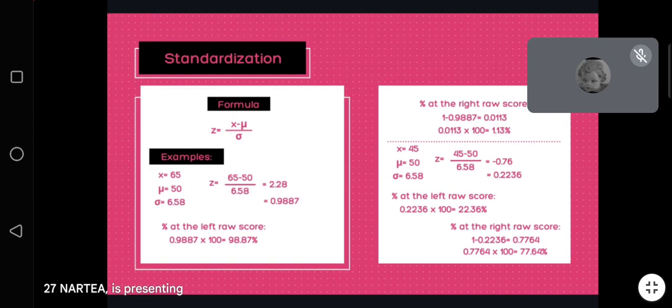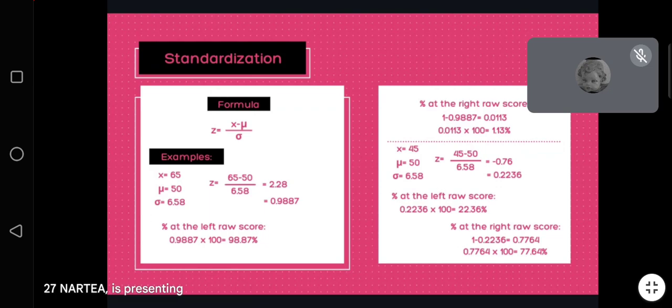The given area that we have, 0.9887, we subtract from 1, because the one that we have is the whole value of the normal curve. So we're going to have 0.0113. And to know the percentage, we again multiply it by 100. So it's going to be 1.13%.